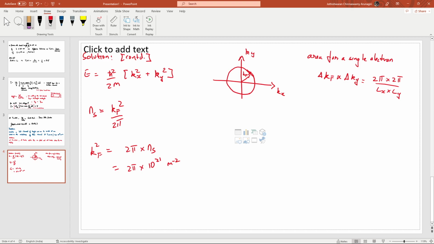Now another important thing to remember is that the de Broglie wavelength is given by h by p, and we also know from quantum mechanics that p is equal to h bar times k.